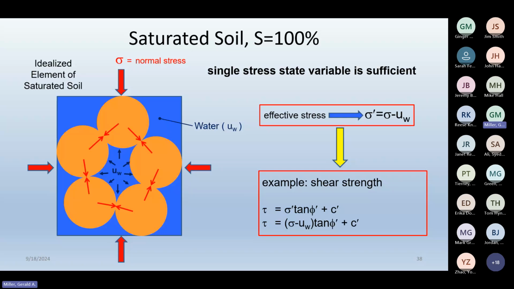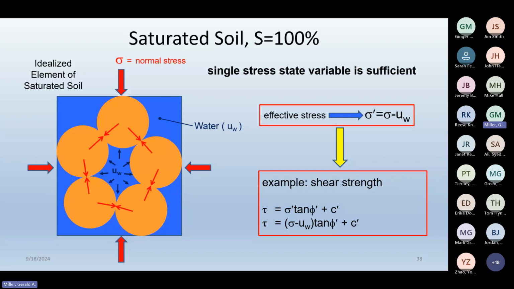So as these increase relative to increasing effective stress, we get more shearing resistance. As they decrease, we get less shearing resistance. So for example, our strength equation, this is our Mohr-Coulomb failure criterion, says that the shear strength is equal to the effective stress times some tan phi, that's that coefficient of friction essentially, plus c prime, which is a stress independent component of strength.